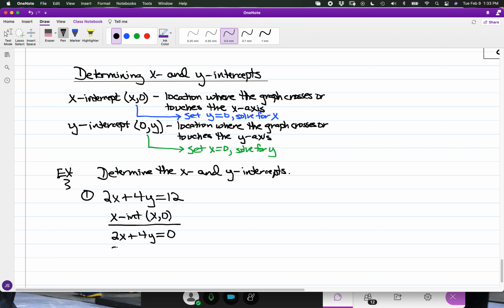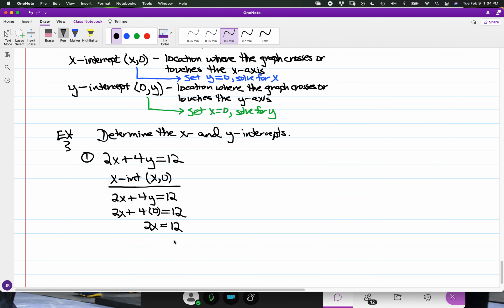So we have 2x plus 4y is equal to 12. You have 2x plus 4 times 0 is equal to 12. After substituting 0 for y, we have only the x term 2x left over. So you have 2 times x is equal to 12, and so x is equal to 6.